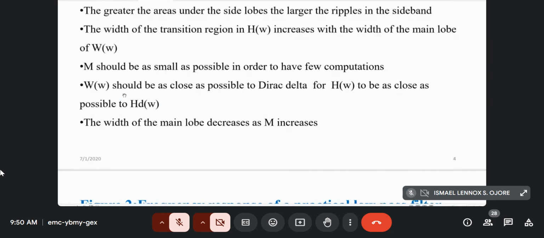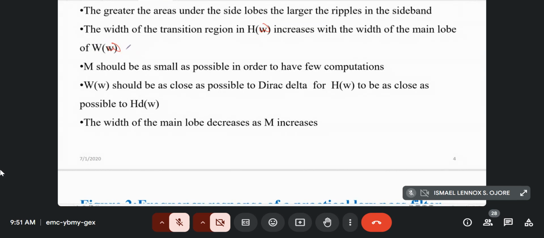So when you talk of W, actually this should be omega. I was having a problem writing omega, I was lazy. This is omega and this is W of omega.